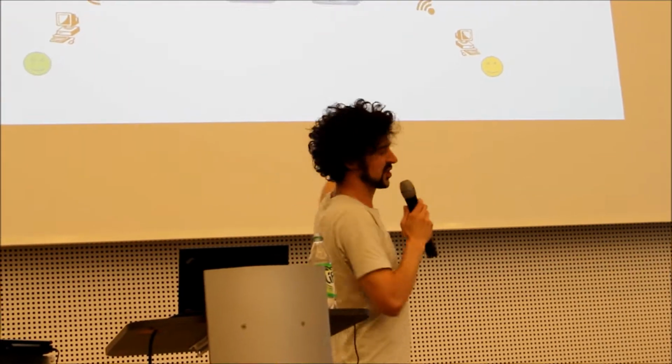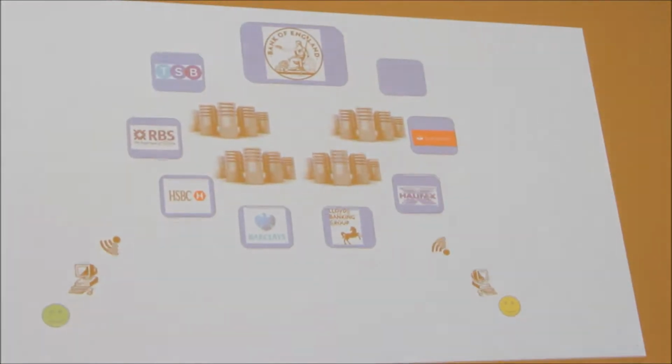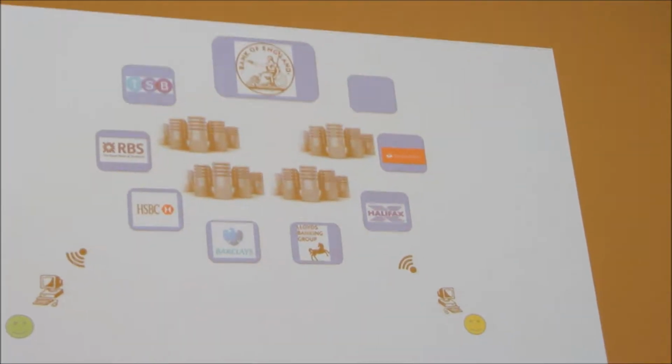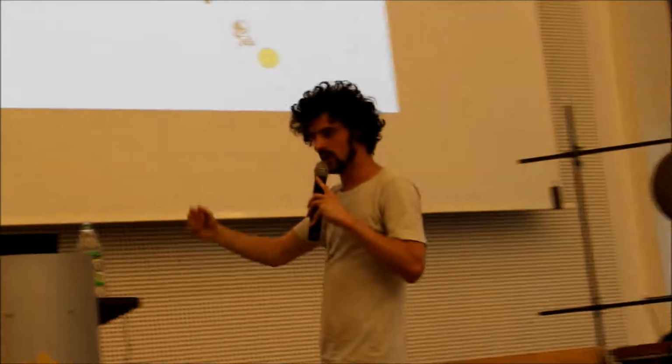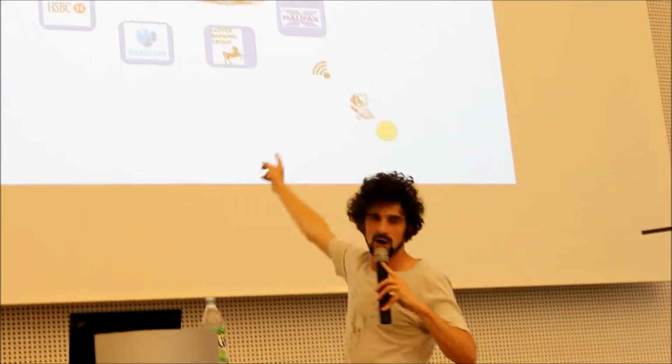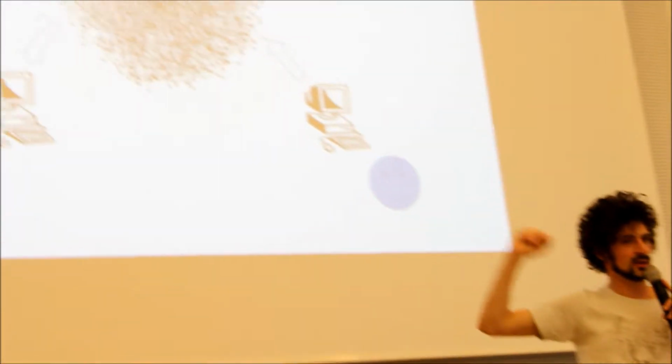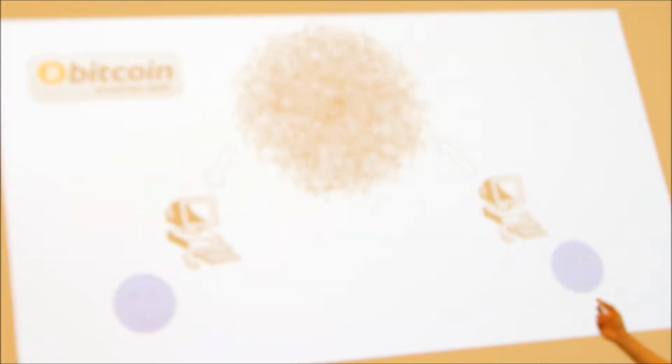So we had this picture I showed earlier, where you notice you have an intermediary system between these two people doing payments. The Bitcoin system is very, very similar, actually. What it really does is it replaces that centralized oligopoly with a distributed network. Note that this is still an intermediary system.